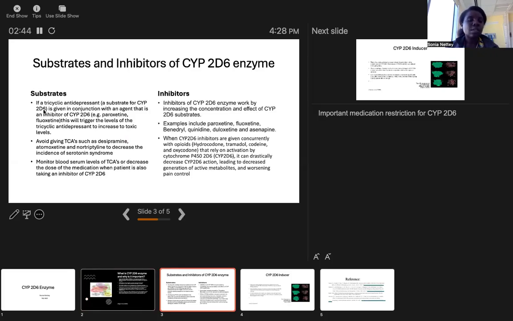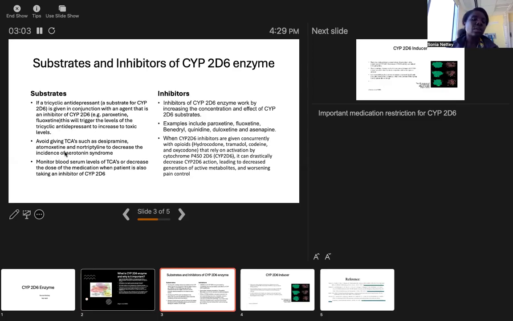So substrates. If a tricyclic antidepressant is given in conjunction with an agent that is an inhibitor of this enzyme, this will cause the levels of the tricyclic antidepressant to increase to toxic levels.